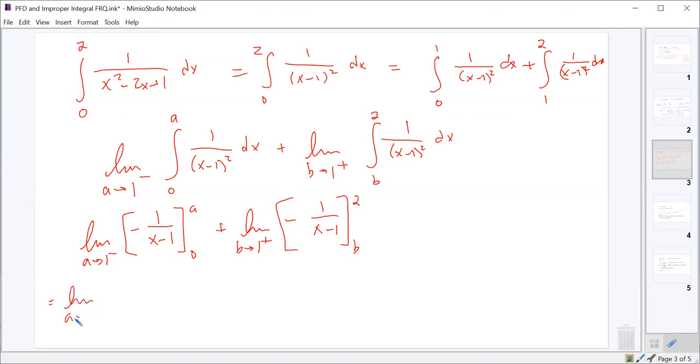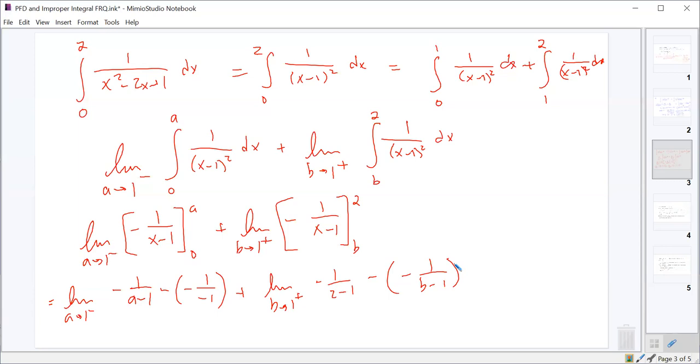So we've got the limit as a approaches 1 from the left of negative 1 over a minus 1 minus negative 1 over negative 1, and then plus the limit as b approaches 1 from the right of negative 1 over 2 minus 1 minus negative 1 over b minus 1.